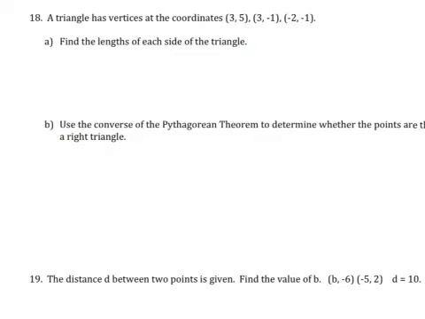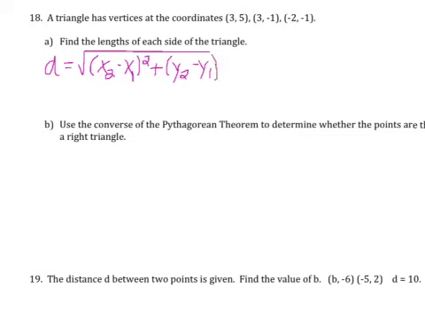The last 2 problems deal with the distance formula. So let's write down what the distance formula is because we need to be able to memorize that for the test. So the distance formula is D equals the square root of x2 minus x1 squared plus y2 minus y1 squared.